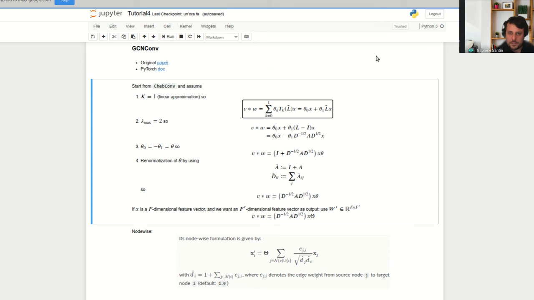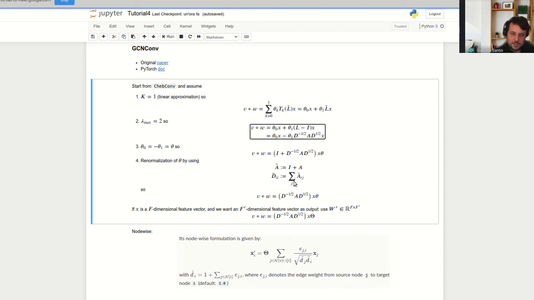And then down here, by this second step, we just substitute for L tilde, and so we get this formula. So we substitute the formula for the Laplacian. And then they make a further assumption, which is that theta 0 is equal to minus theta 1. And then in the end, we have this compact expression for the convolution, for the linear approximation of the convolution.